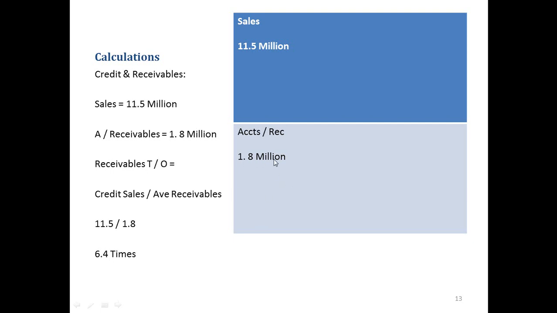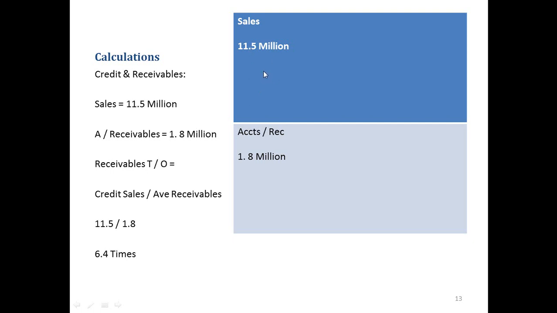Since 1.8 million is sitting in receivables, we can infer that we sold and then collected cash 6.4 times. The higher that number is, the better.